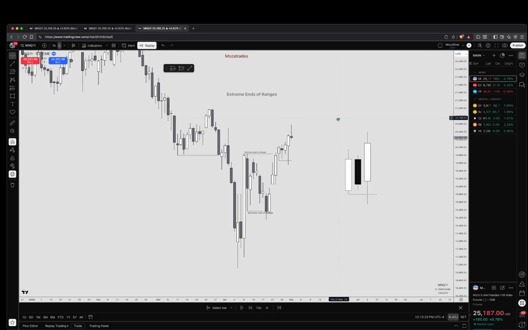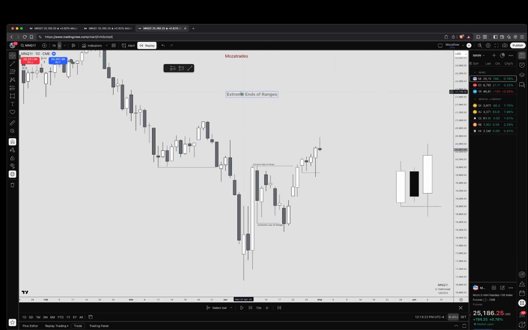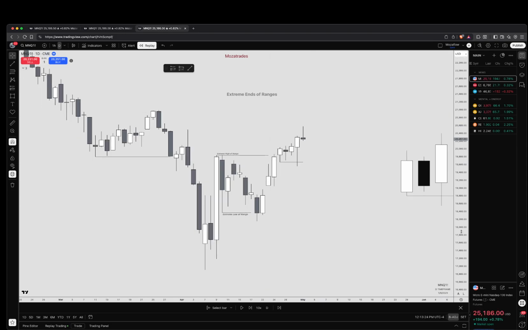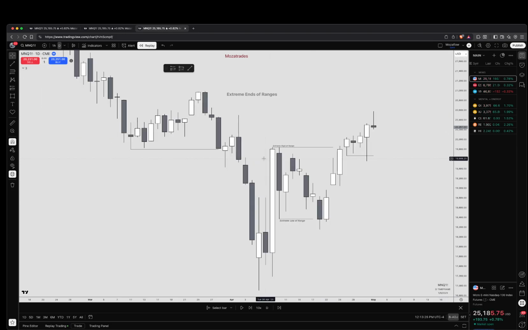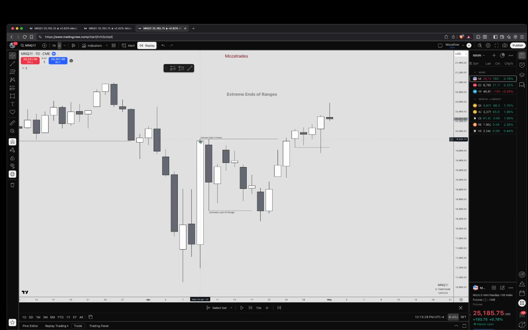The other one that I have are extreme ends of ranges. This is when you look for range on the big candles and price just starts trading inside of it with no direction.